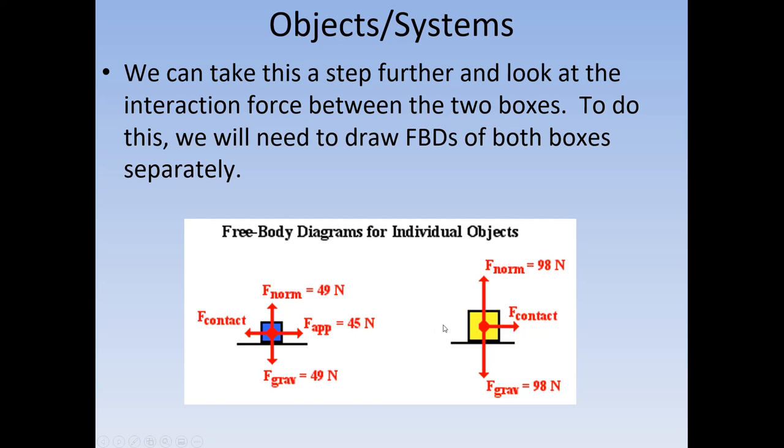The applied force isn't on there because it's not physically touching it. And the one thing that we can tell off the bat is that since these are both contact forces caused by the interaction, because of Newton's third law, I know that for every action there is an equal and opposite reaction. So these two forces are actually the same. So whatever force I get here, that's the same that goes here.